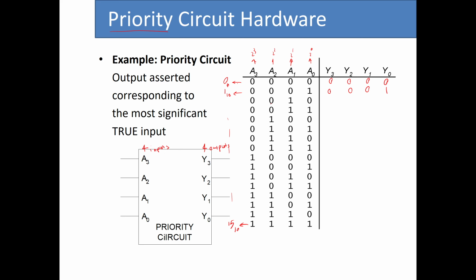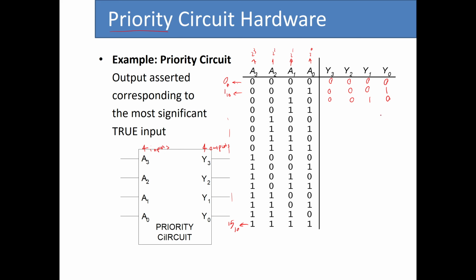Now for the next row, we have A3, A2 and A0 to be 0. In that case, the output associated with A1 is going to be 1, so we have 0, 0, 1, 0. What happens for the fourth row? A3 and A2 are 0, but both A1 and A0 are 1. In this case, which one of the outputs should be 1?